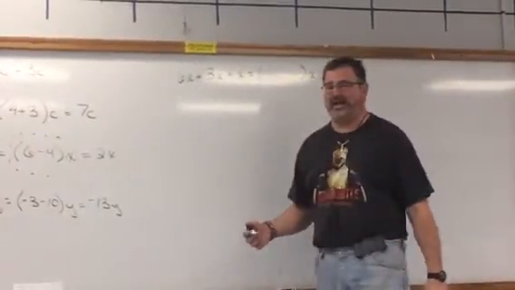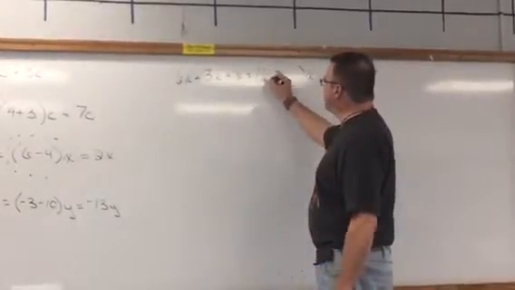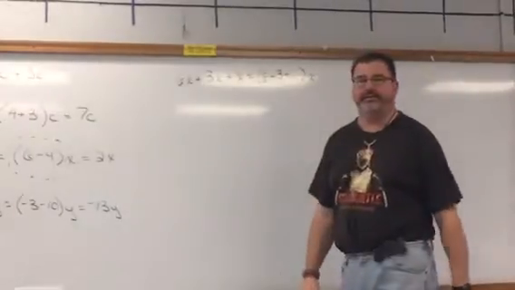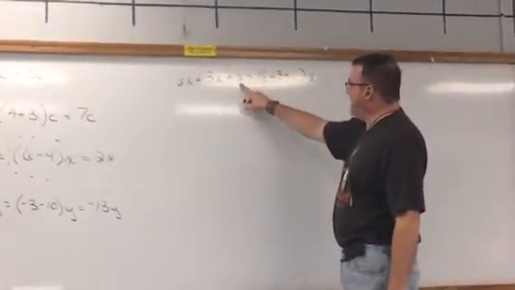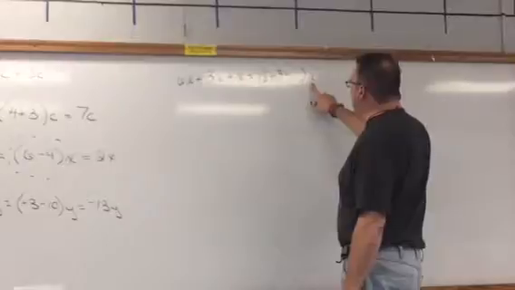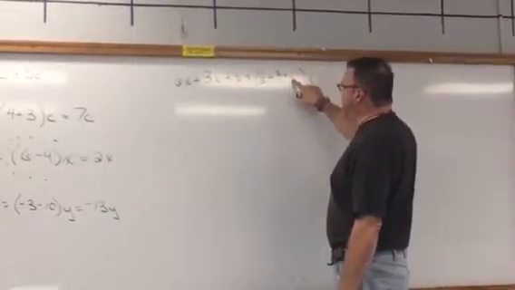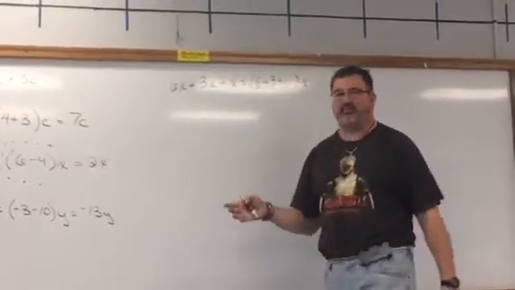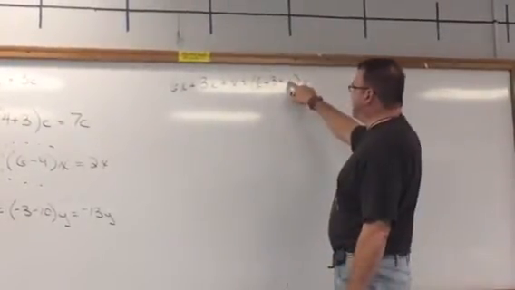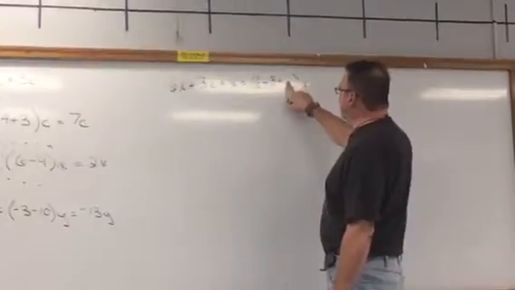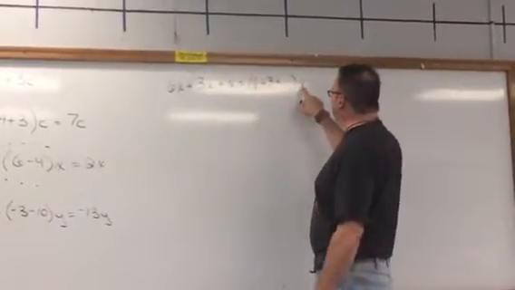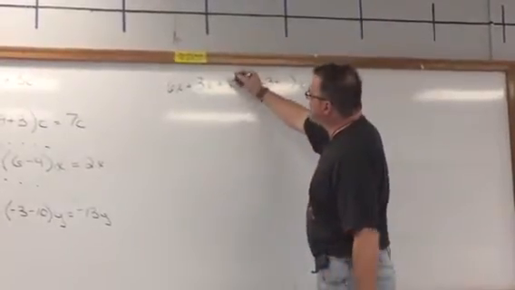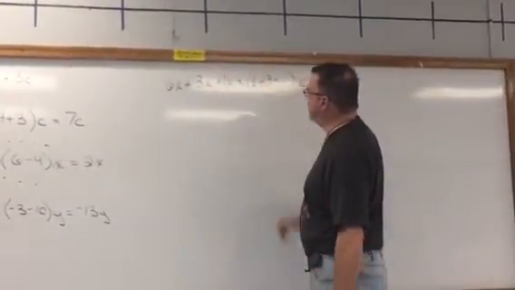And now I go back and say, what's left? 6 plus 3 plus, I had an x, and now there's an x over here. Well, what do I multiply by x to get x? 1. It's that ghost 1, the hidden 1.